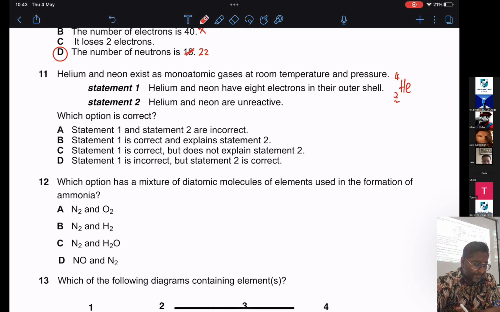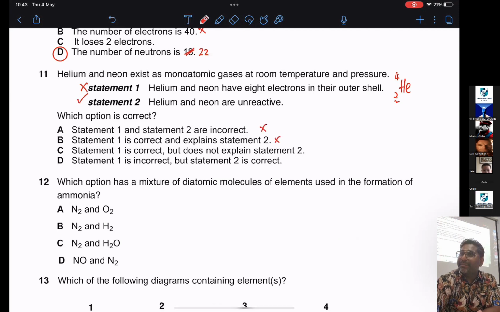Now 11. Helium and neon exist as monoatomic gases at room temperature and pressure. Okay, so statement number 1, helium and neon have 8 electrons in their outer shell. Now, generally most of the time it will be correct, but because it's helium, if you look at the periodic table, the maximum electron that it has is 2.